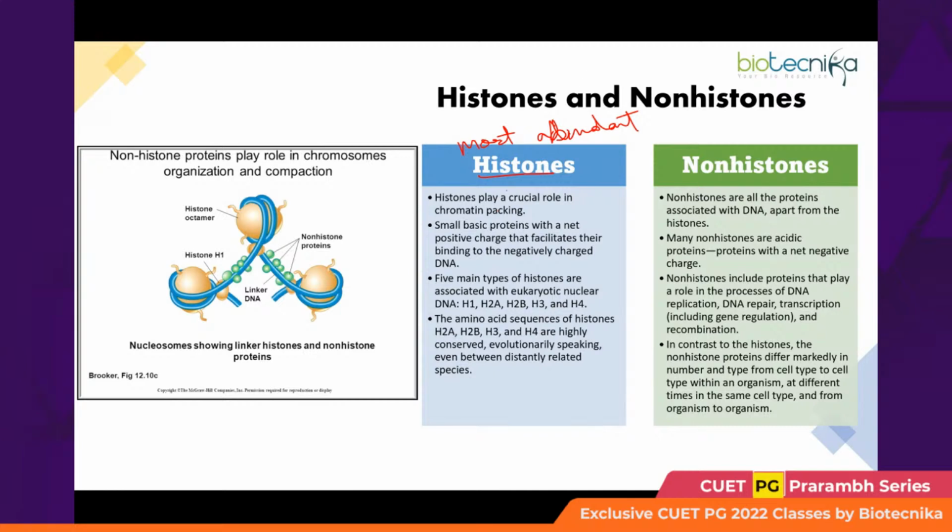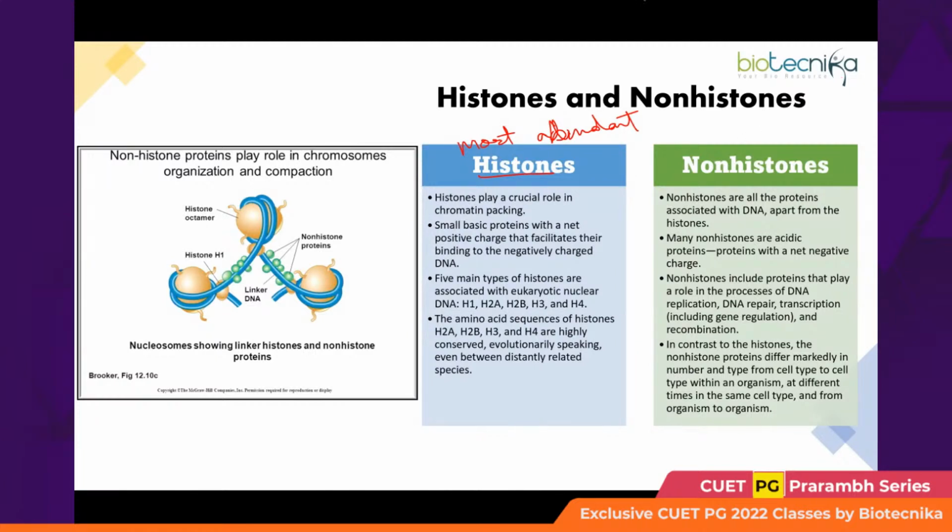These histones play a crucial role in chromatin packaging. Without compacting, the DNA of the chromosome, as I was telling you, will be 2 meters long for the entire diploid cell if we join it end to end. Because we need so much compaction, these proteins help.